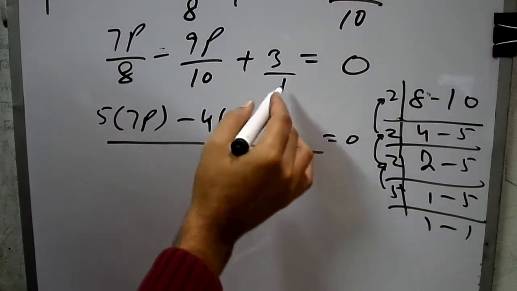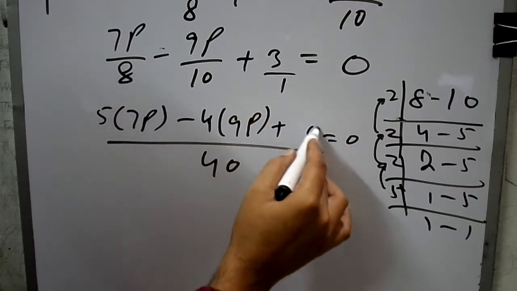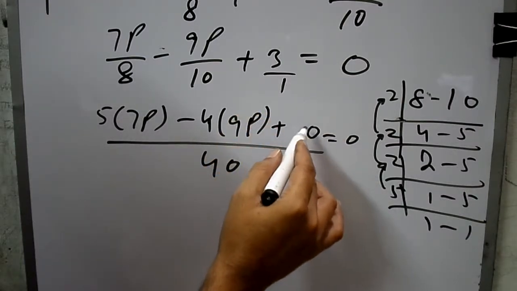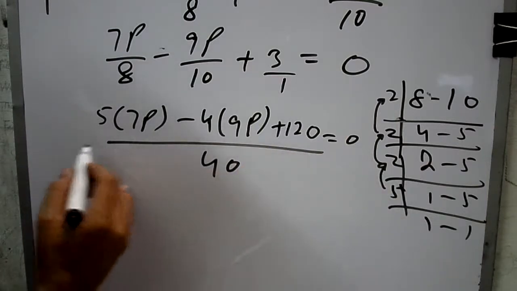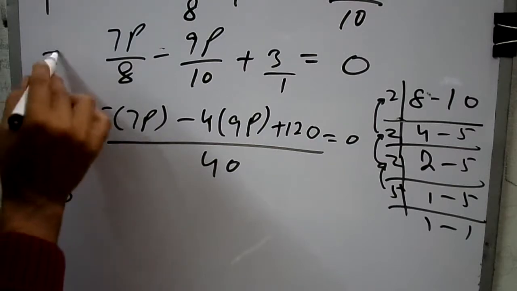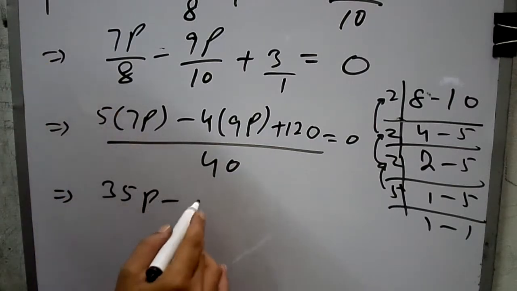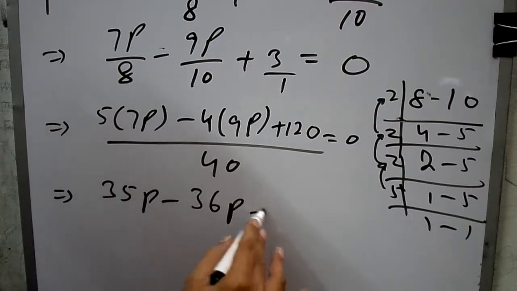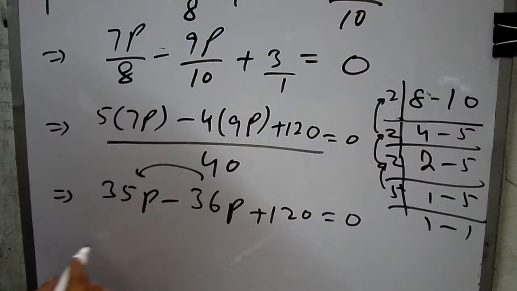Here the denominator is 1, so 40 multiplied by 3, so you will get 120, 4 3s are 12. By using cross multiplication, 0 will also become 0. So similar terms will be added.